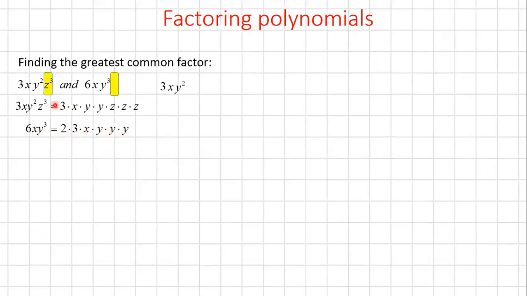What is common between these two terms? 3 and 3, x and x, y and y, and y and y. So 3xy squared is a common factor.